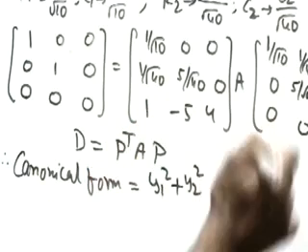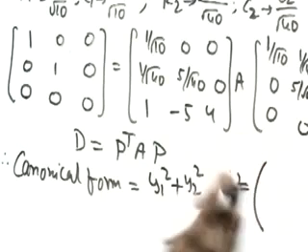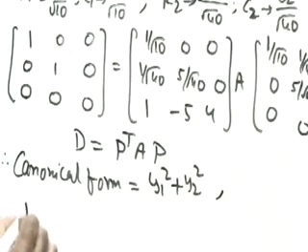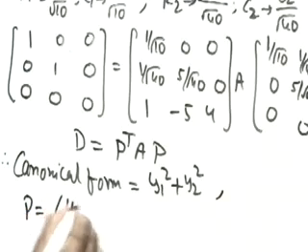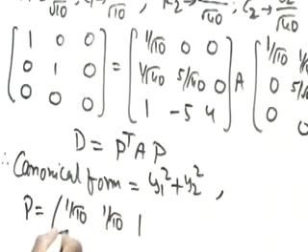And the second step is, what is P here? This is P transpose, this is P, so I am writing just P. We are having P equals 1 by root 10, 1 by root 10, 1, 0, 5 by root 40, minus 5, 0, 0, 4.